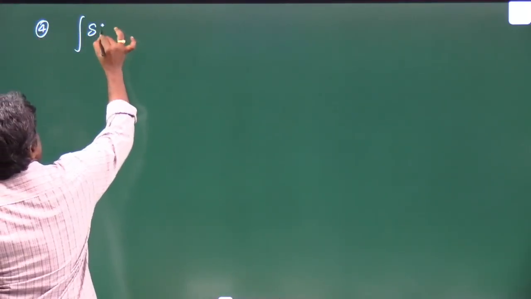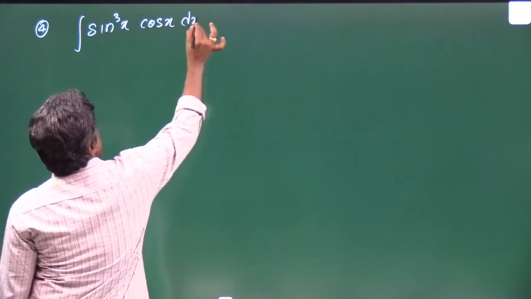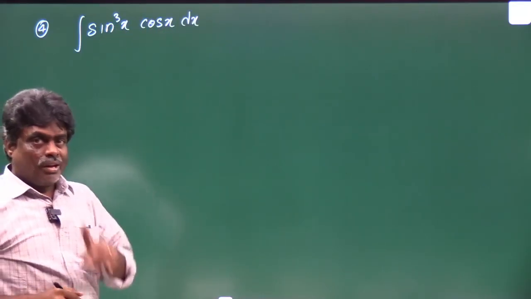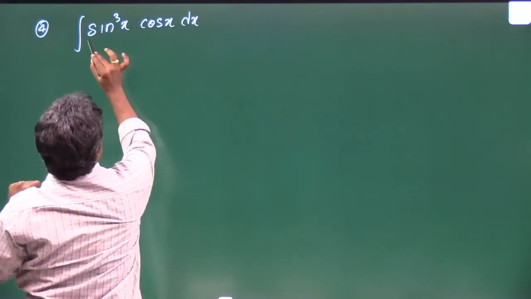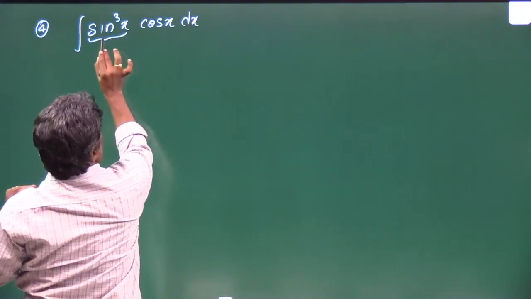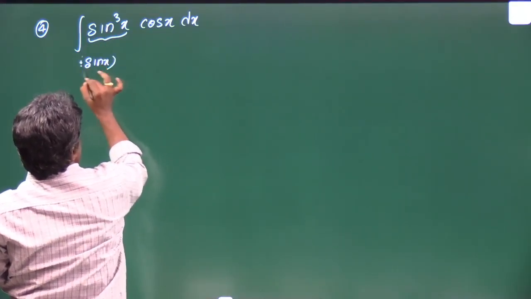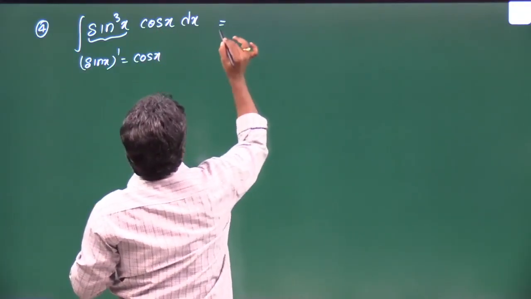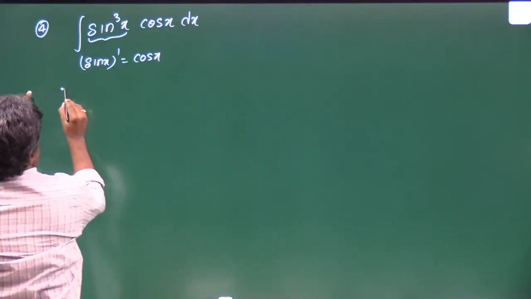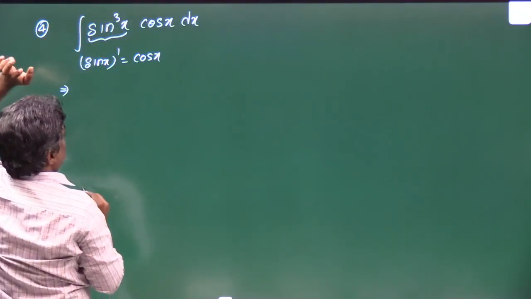We have a fourth question, integral sine cube x into cos x dx. Let us suppose. Now carefully observe, a whole power is there and some function is there. You have to cross check whether you have the differentiation of this function. Yes, sine x differentiation is cos x. Yeah, it's there. That's why this is simply f power n x into f dash of x.